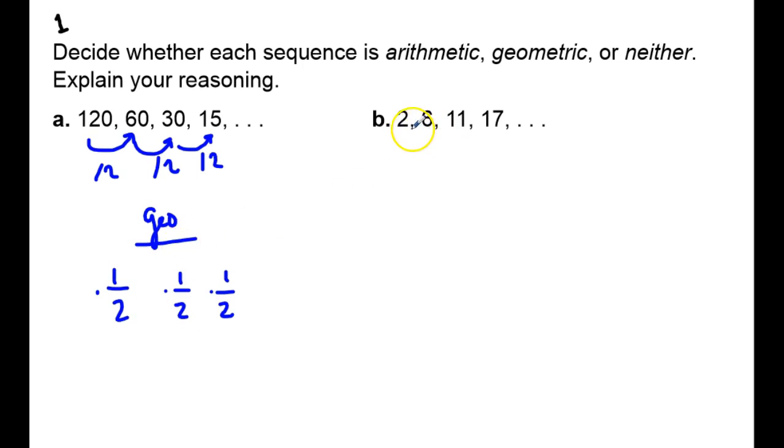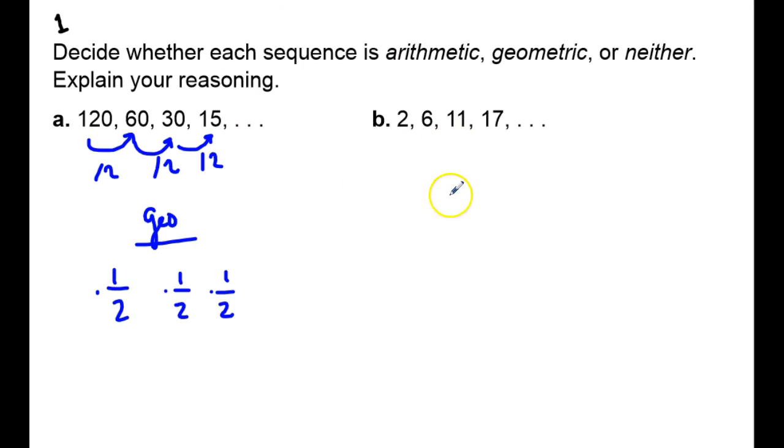Now let's look at part B. To get from 2 to 6, I can either add 4, and we'll see if that works. Can I add 4 to this next part? Well, to get from 6 to 11, I have to add 5. So I know it's not arithmetic, so we can erase that. Now let's see if it's geometric. To get from 2 to 6, I multiply by 3. Well, to get from 6 to 11, I can't multiply by 3. That doesn't work, so it's not geometric either.